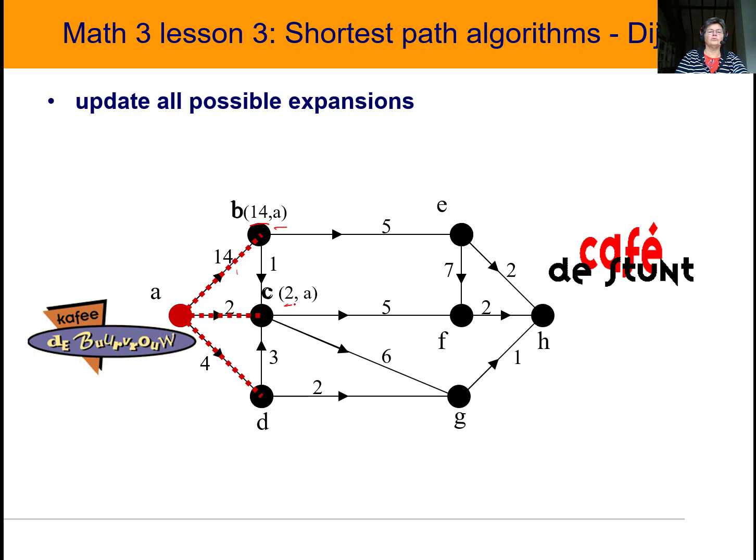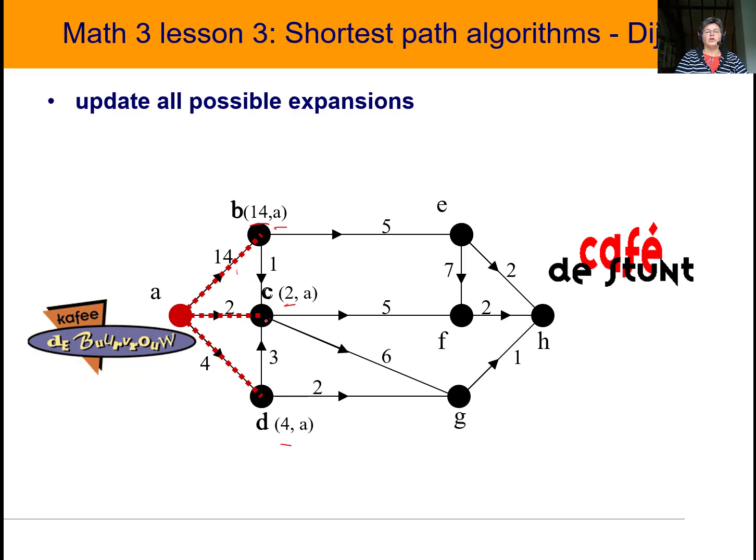It only costs us 2 to get to C. And if we want to go to D, it'll cost us 4.